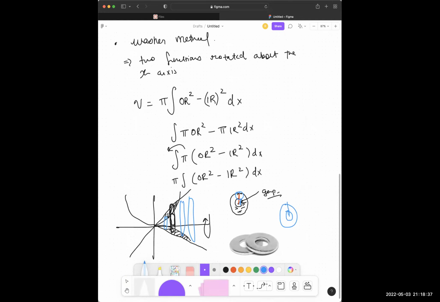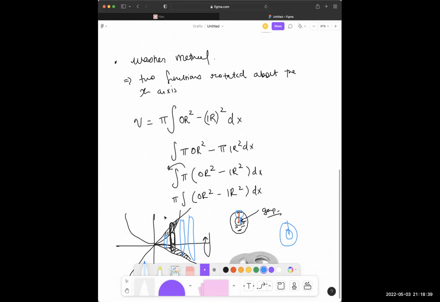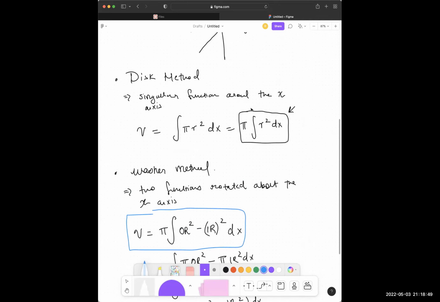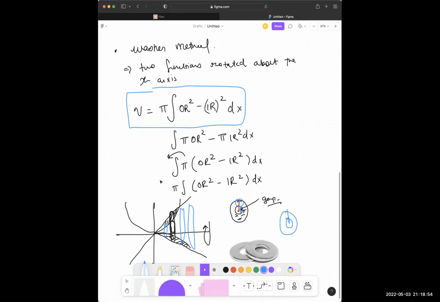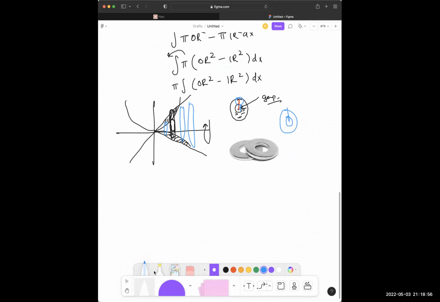But much of this may be irrelevant beyond the fact that this is the formula. So this is the formula for the washer method, and then for the disk, it's just this. Now the disk is far easier than the washer, but I've learned to actually like the washer method more than the disk.